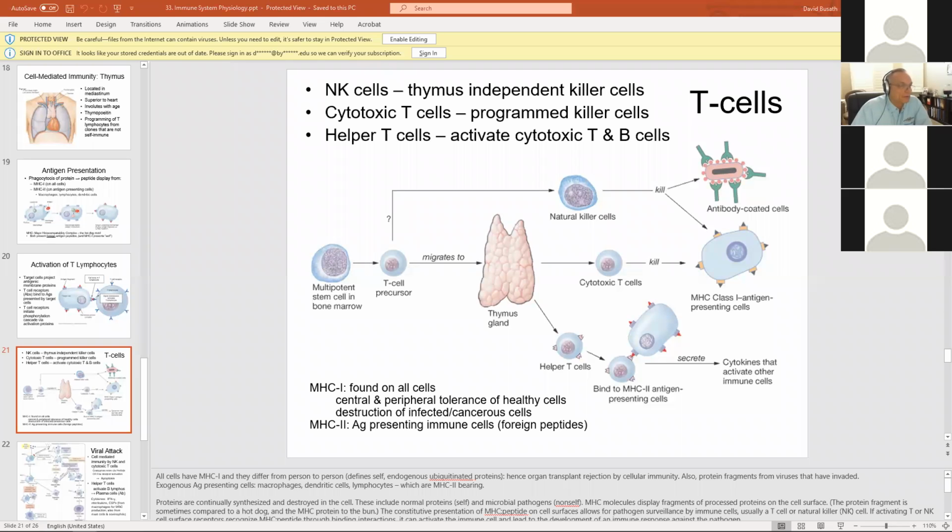Question 12. In the classic virus infection scenario, what are the roles of natural killer cells and cytotoxic T cells? What are the roles of helper T cells and B lymphocytes?